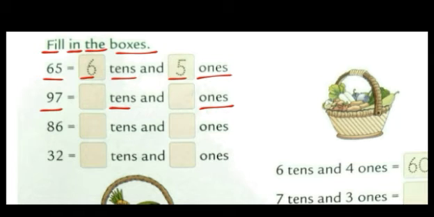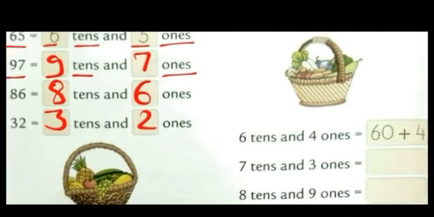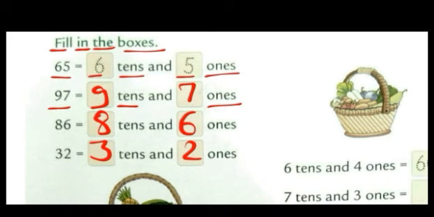So, 9 tens and 7 ones are there. Okay, same way, see the next one, 86. So, 8 tens and 6 ones are there. The same way, 32, 3 tens and 2 ones.